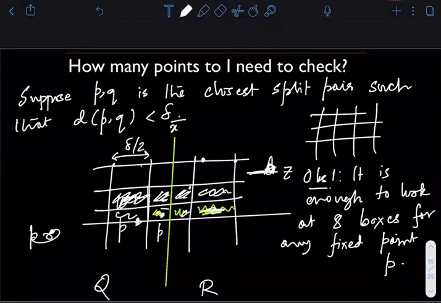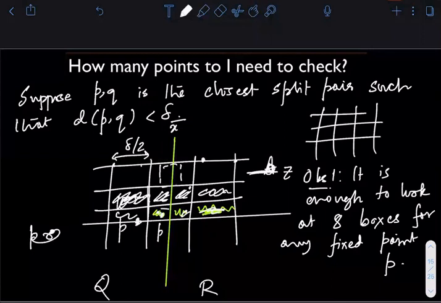This automatically tells me that none of the boxes can cross the median line. They will either be completely on the left or completely on the right. It's obvious from the picture, but when you write the proofs, you have to think about these things carefully. This is where we are using the idea that the grid in our thought experiment is placed coinciding with the grid line. So a box either lies entirely in Q or entirely in R. A box cannot look like that. ऐसा नहीं हो सकता. Good.